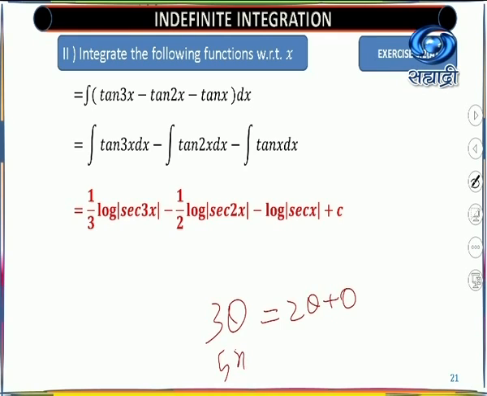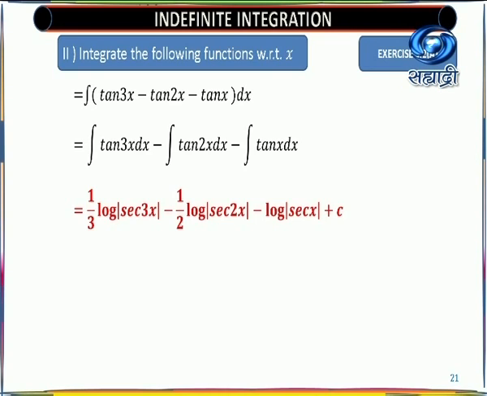If 5x is there, you are able to split it as 3x plus 2x. Accordingly, whatever angle you have, you are able to write 4x plus x and then expand. And by expansion, whatever the product may be, you can convert that into a sum or difference of the functions. And this kind of example they may ask in JEE.